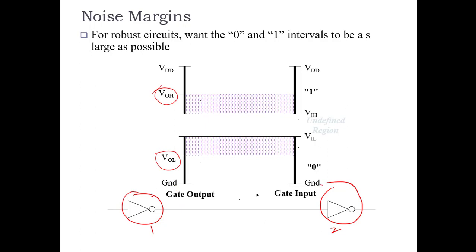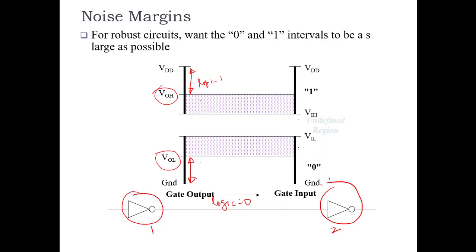If this gate wants to send a logic 0, it will send a voltage between ground and VOL. If this gate wants to send a logic 1, it will send a voltage that is greater than VOH.